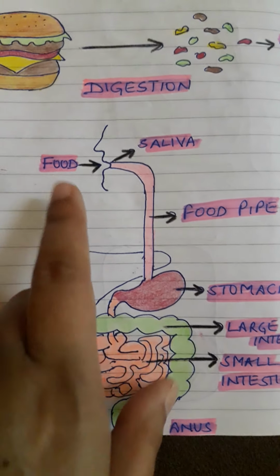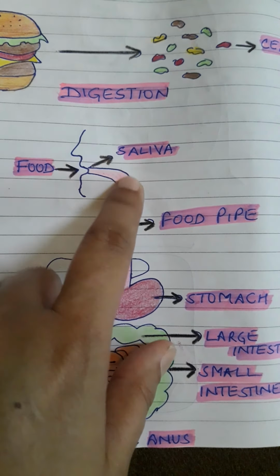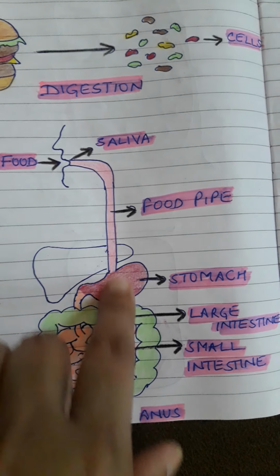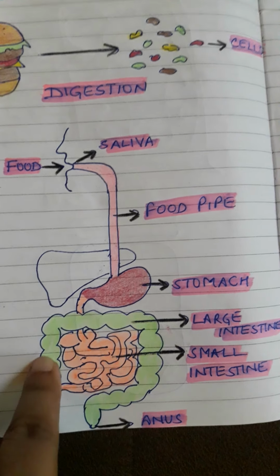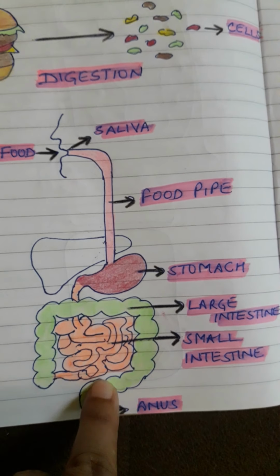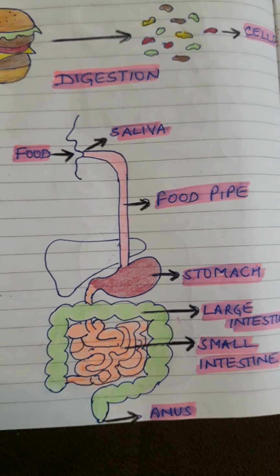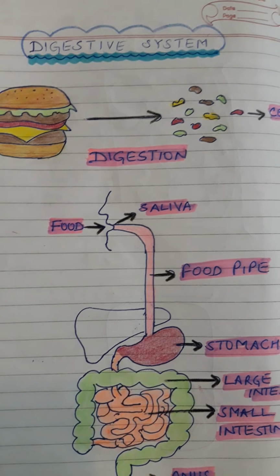Now once again, the food enters the mouth, we chew it, it enters our stomach, traveling through the food pipe. From the stomach it goes to the small intestine, from here to the large intestine, and then through the anus it is thrown out of the body. Correct? So this is your digestive system.